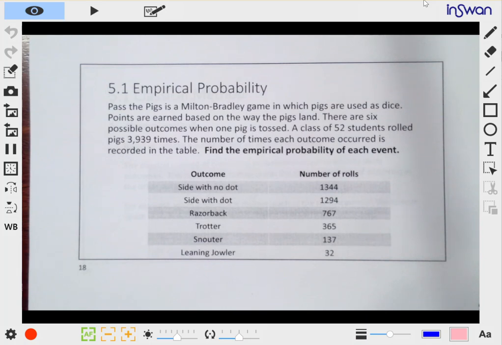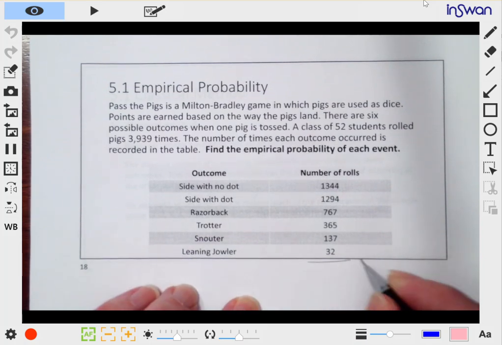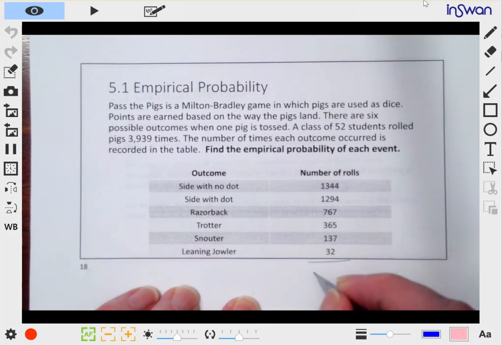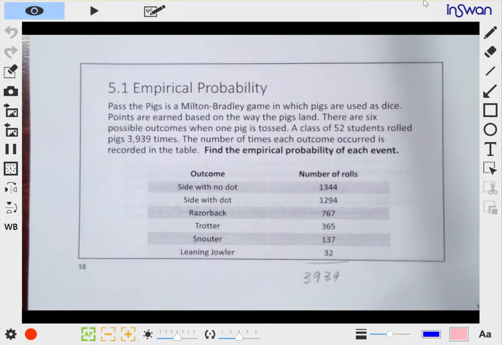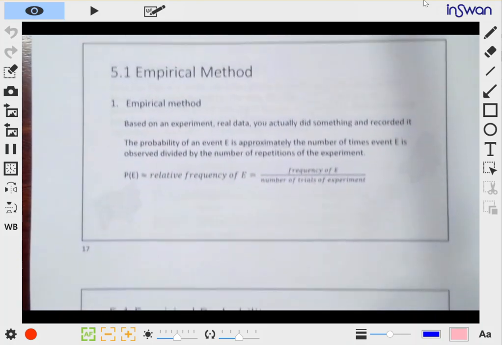So the first thing you're going to want to do here is add up the number of rolls. And we actually know it's 3,939. They did tell us that. But you can confirm when you add those up, that's what you get. All right, so let's continue, and I'm going to move on to the next slide to do that.